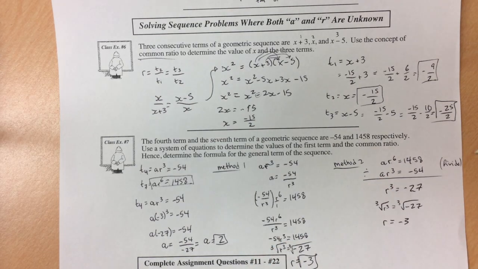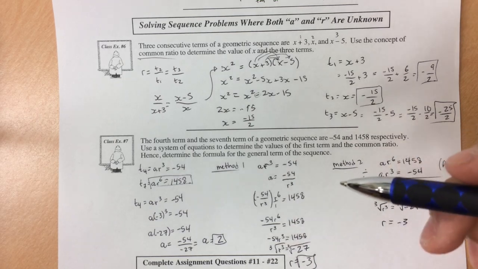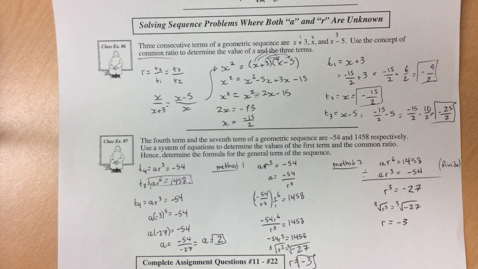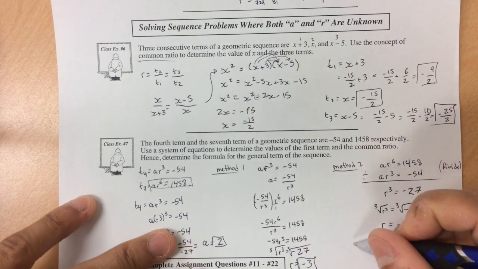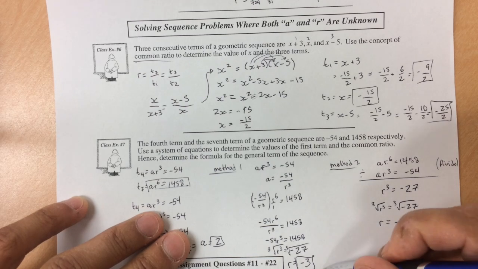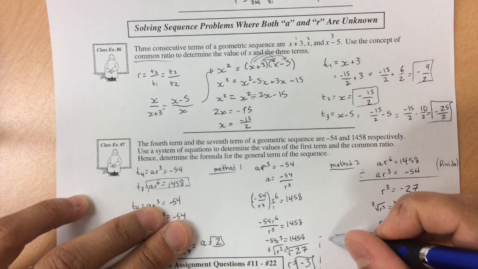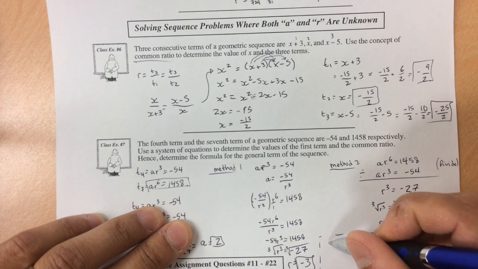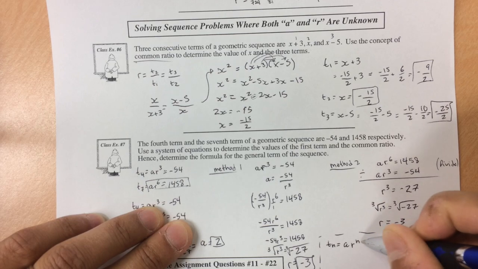So now I have my common ratio r and my value of a, 2, and now what we need to determine is our general term for the formula. I'm running out of space here, but my general term is Tn equals a times r to the n minus 1.